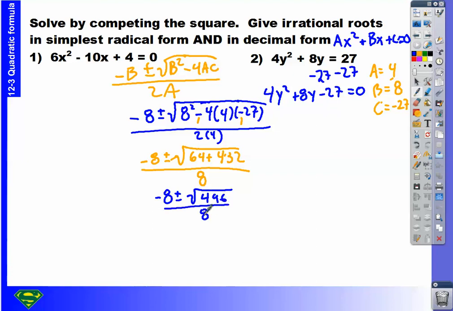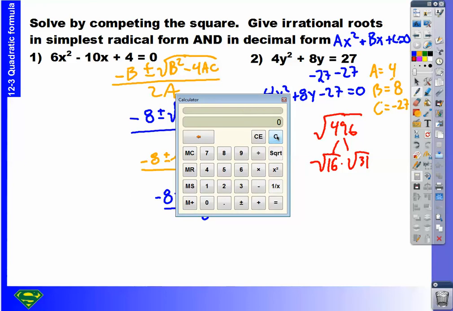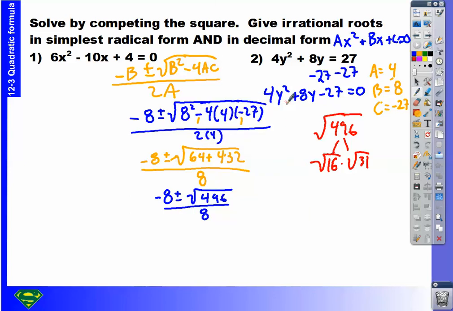So now the square root of 496, that's not a perfect square, but I'm pretty sure 16 goes into that, times 31. So let's just double check so you don't have to take my word for it. So 496 divided by 16. Hey, look at that, it worked. So the square root of 16 is 4 times the square root of 31.